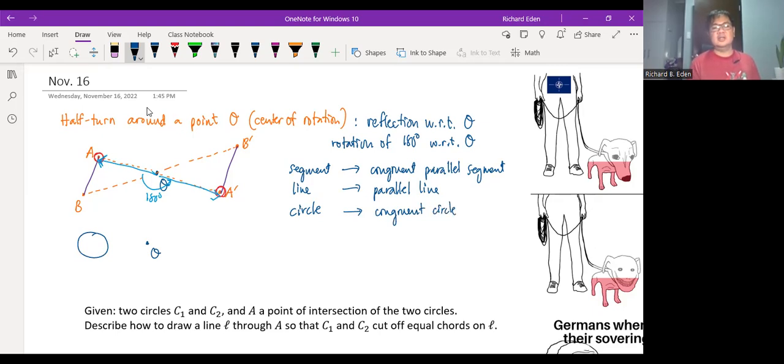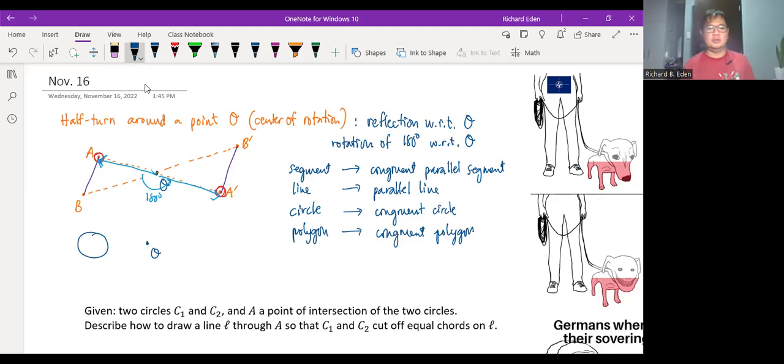So in fact, it doesn't have to be a circle or a polygon, but if you have a blob or a closed curve, it will be sent to a closed curve, which is also congruent. So this is a congruent polygon.